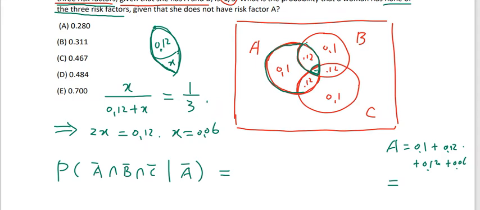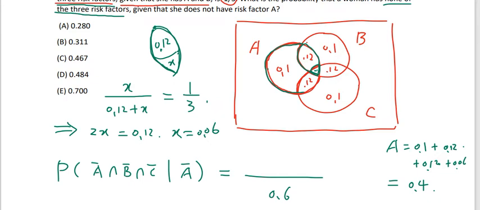So let's do some calculation. We find this equals 0.4. Okay, so A bar is 0.6. A bar is not A, so not A is outside of A.